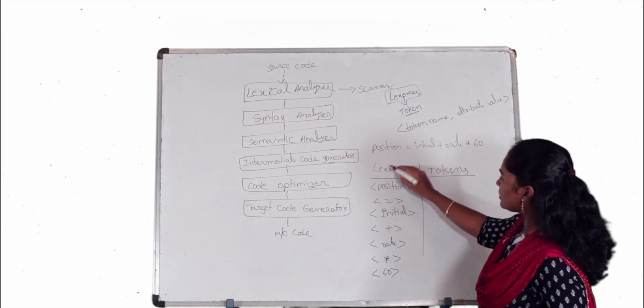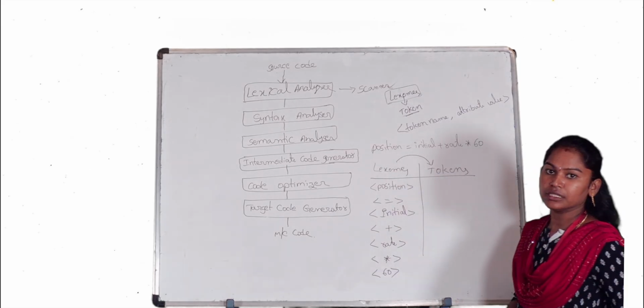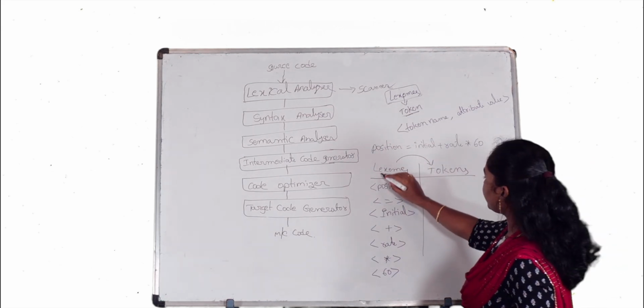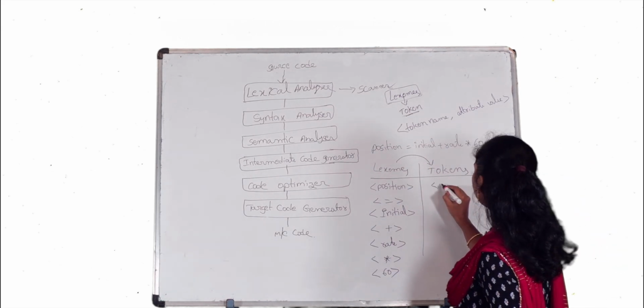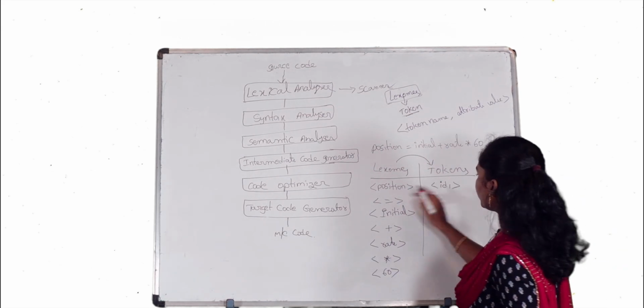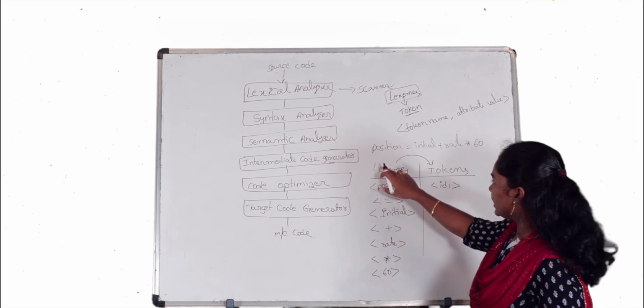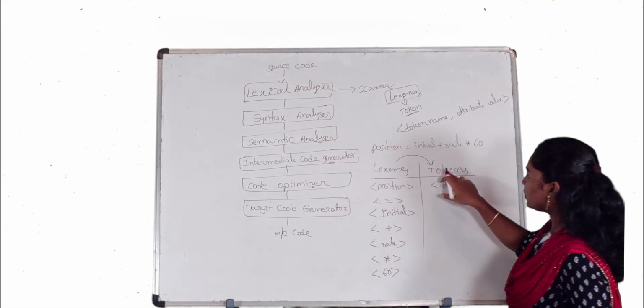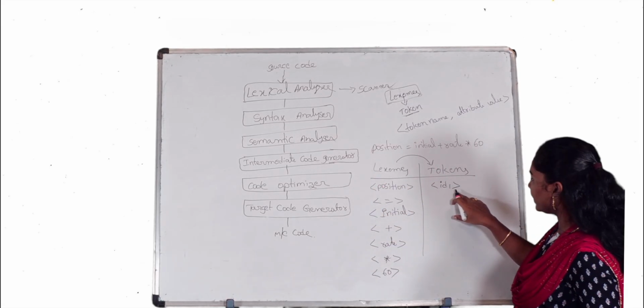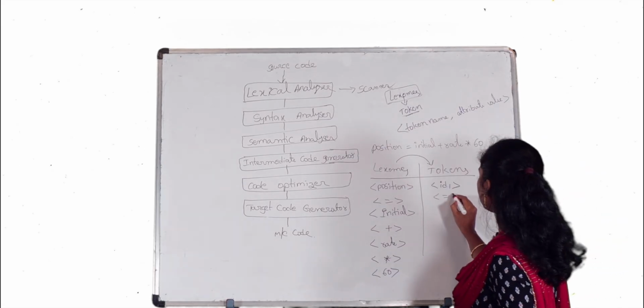So these lexemes can be converted into tokens. How will it transfer from lexemes to tokens? Position is an identifier, so the lexeme is position and the token is identifier 1, and the symbols stay as they are, and the next one is identifier 2. Next the operator stays as it is.